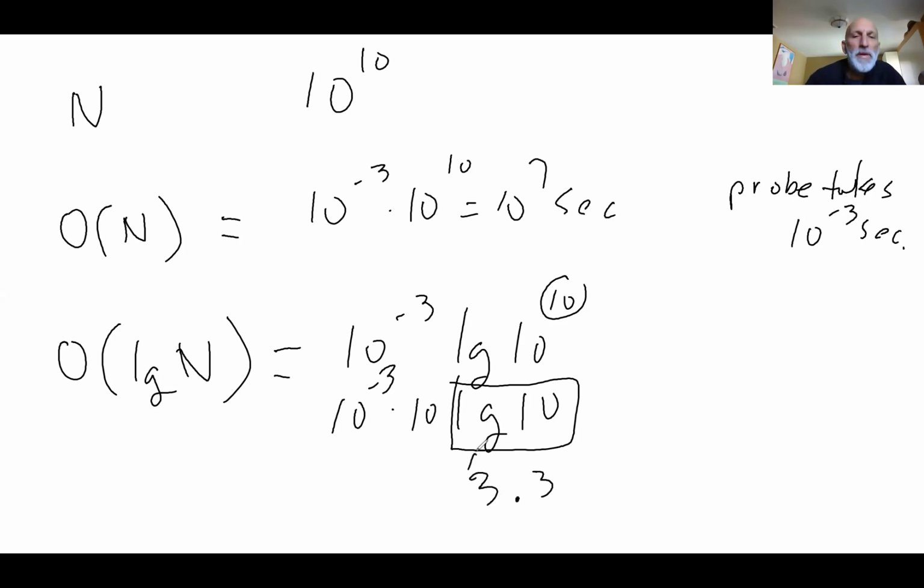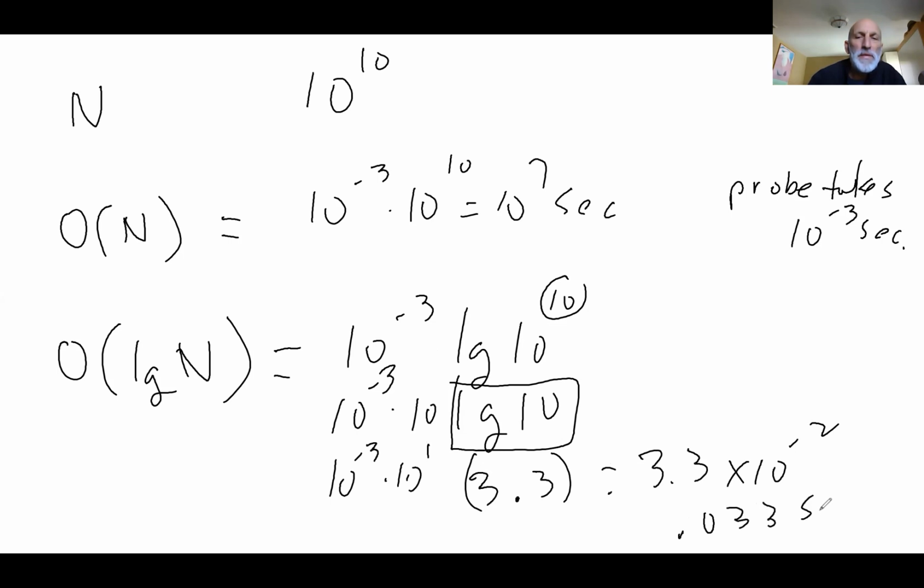So what do we have? We have 3.3 times 10 to the minus third times 10 to the first, right? So 10 to the first times 3.3 is 33. So this is about the same thing as 3.3 times 10 to the minus second, or 0.033 seconds.